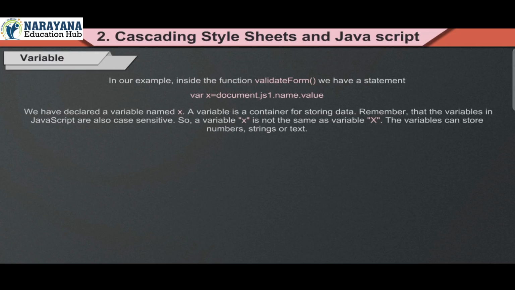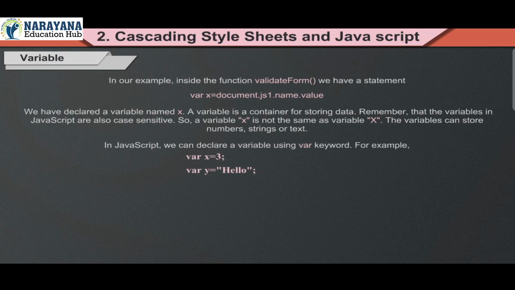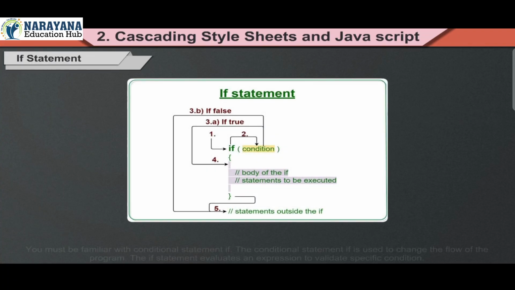So, a variable small x is not the same as variable capital X. The variables can store numbers, strings or text. In JavaScript, we can declare a variable using the var keyword. For example, var x is equal to 3, var y is equal to hello, var z is equal to hello students.